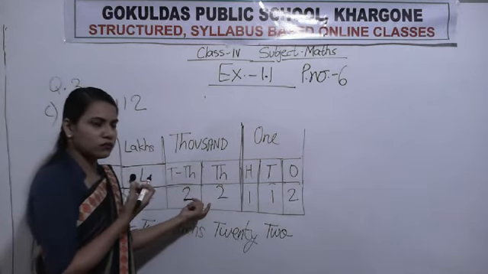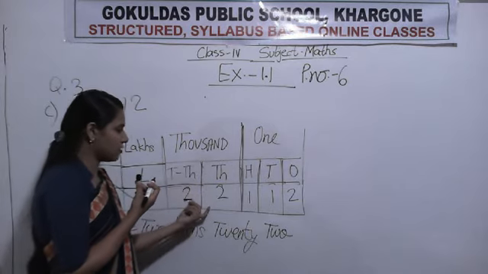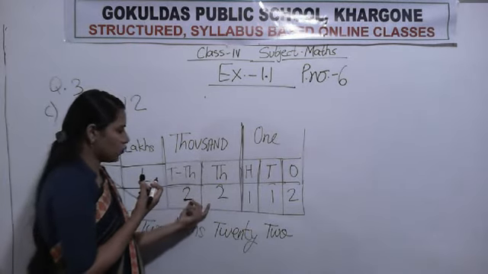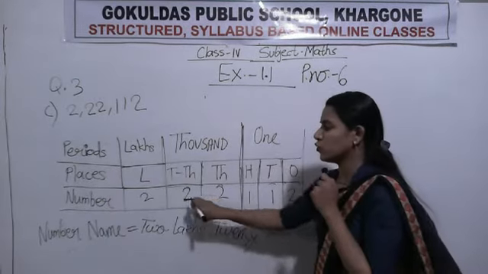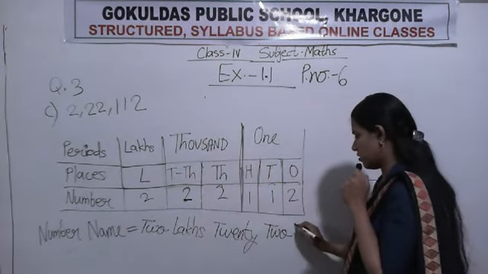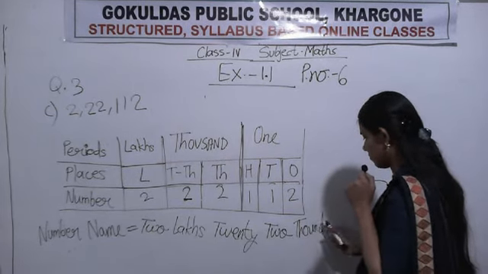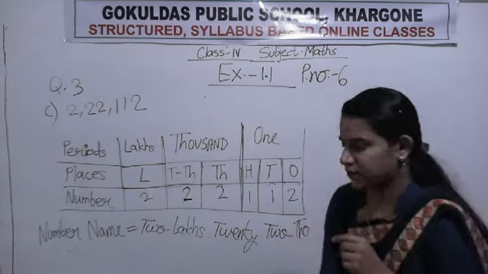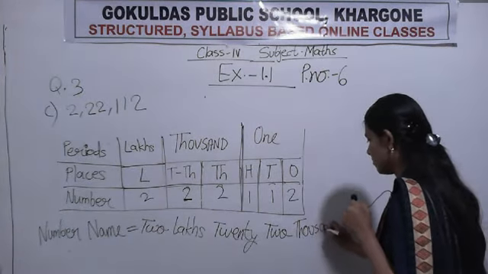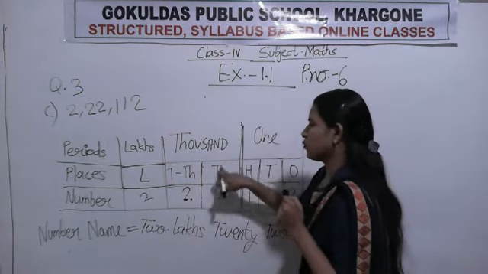Then you write its period after the number. What is the period of 22? The period of 22 is thousands. So write thousands. Okay, I made a mistake. Thousands. Okay. 2 lakhs, 22 thousand.